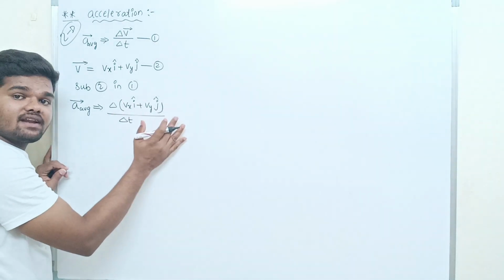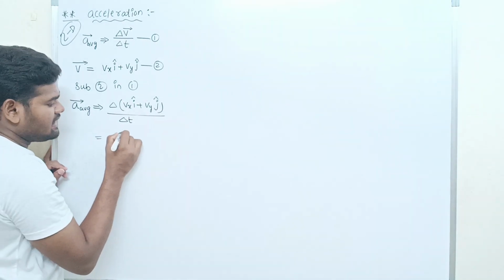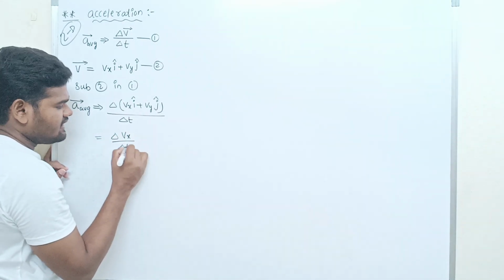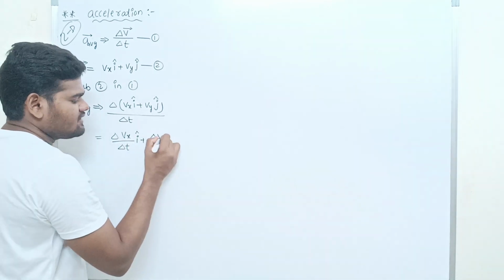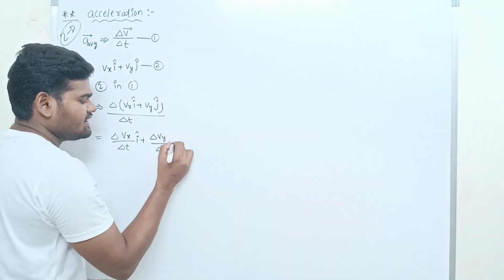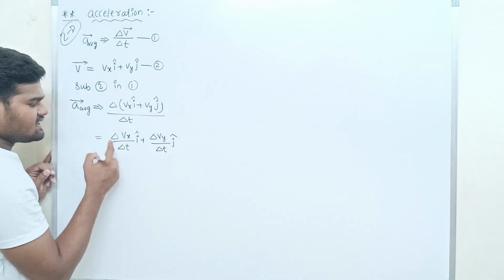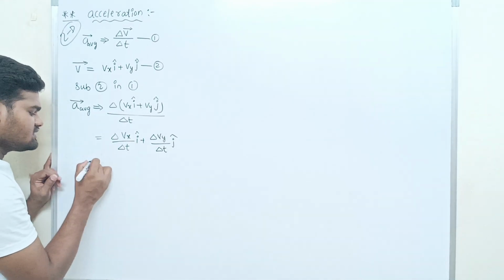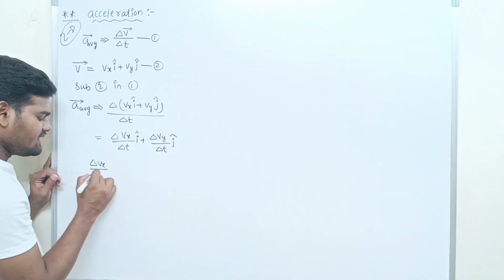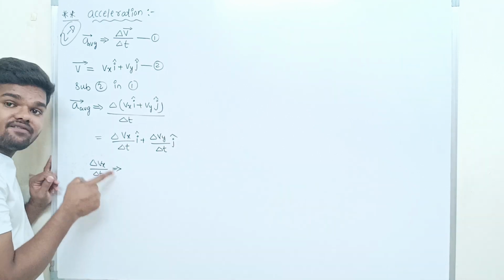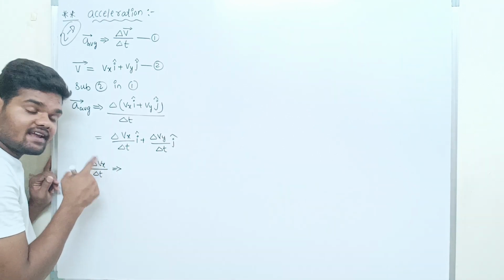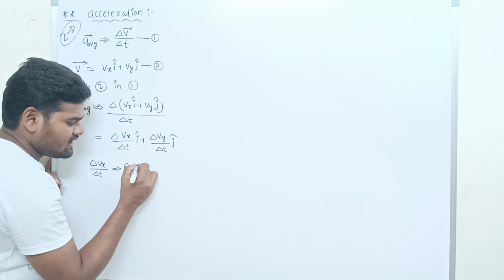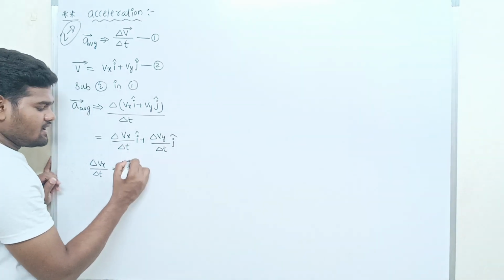Okay, I'm just expanding this term. So have a look. Delta vx by delta t into i cap, delta vy divided by delta t into j cap. So what is delta vx by delta t? The rate of change of velocity of the particle along x direction gives the acceleration of the particle along x direction, a x bar. Okay.